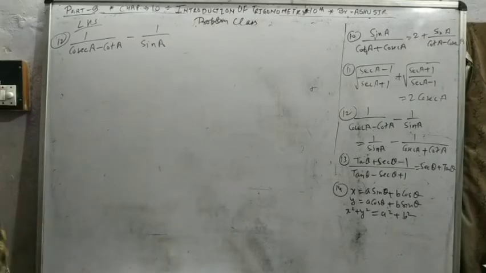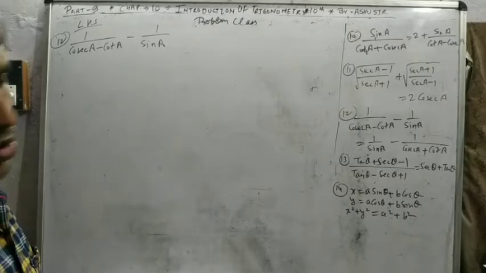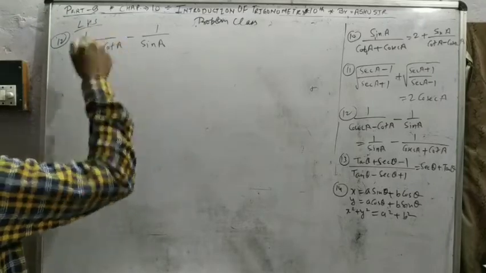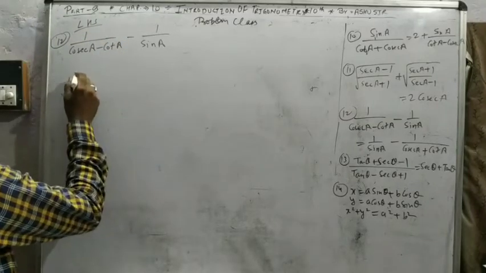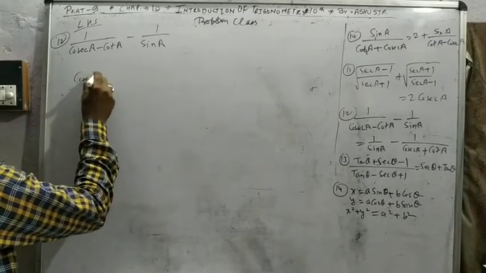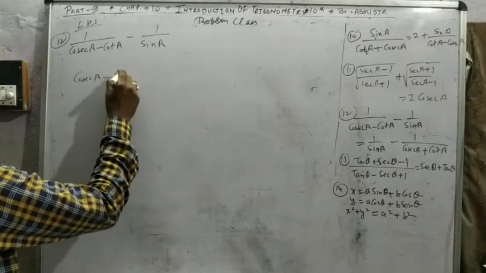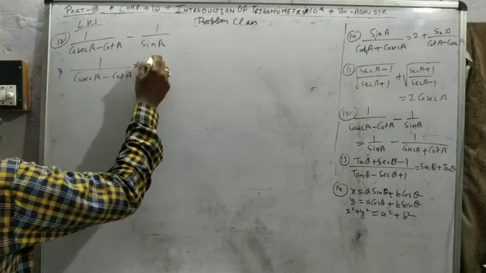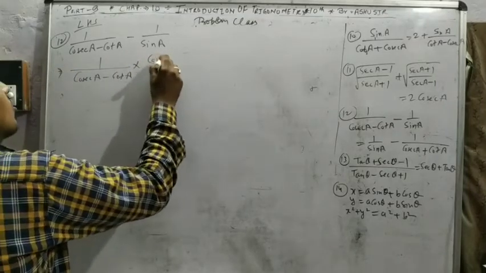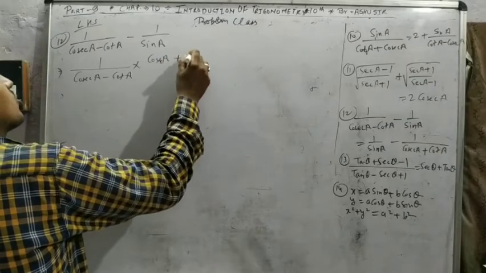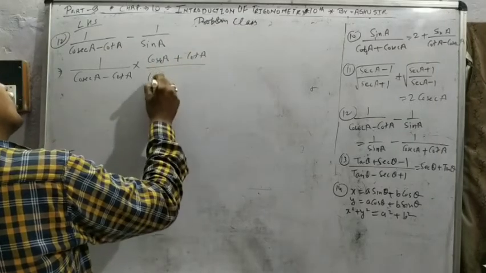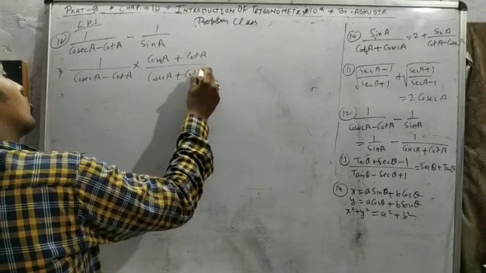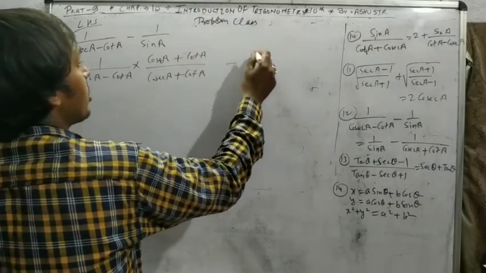We can solve the 12th question by taking LHS and RHS both, but that's your wish. Students ask why we always take only the LHS. So let's see: cosec A minus cot A is in denominator form, so we multiply by cosec A plus cot A over cosec A plus cot A, and this 1 upon sin A is the same.